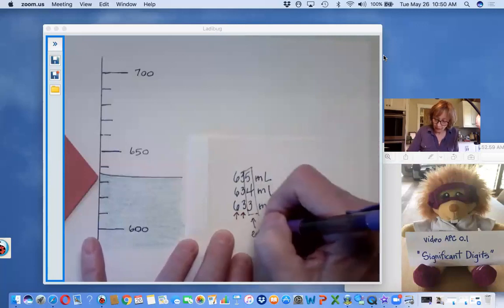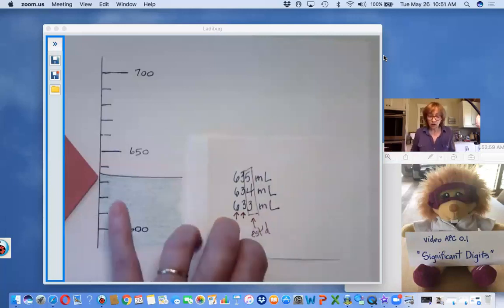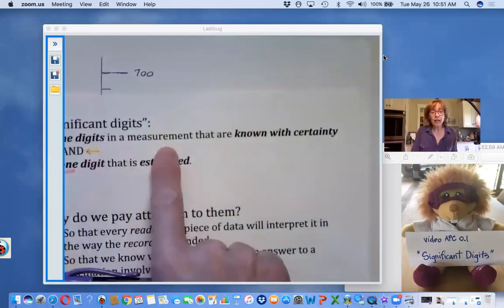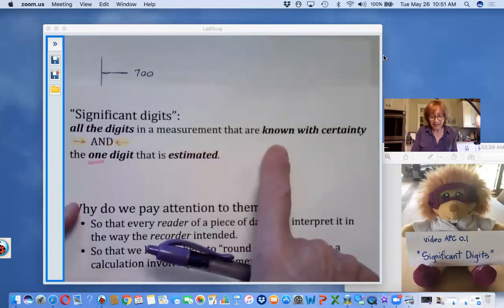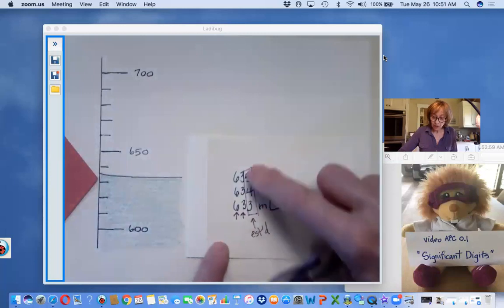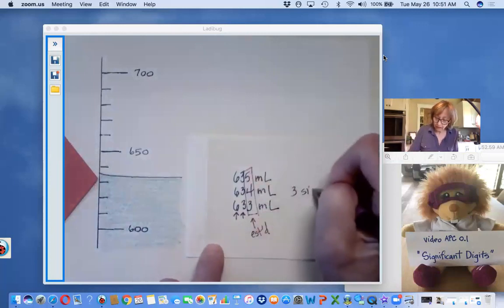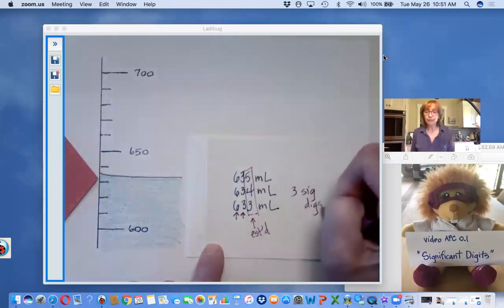So that's our estimated digit. And recall that sig digs are all the digits in a measurement that are known with certainty and the one that is estimated. So each of these measurements has a total of 3 sig digs.